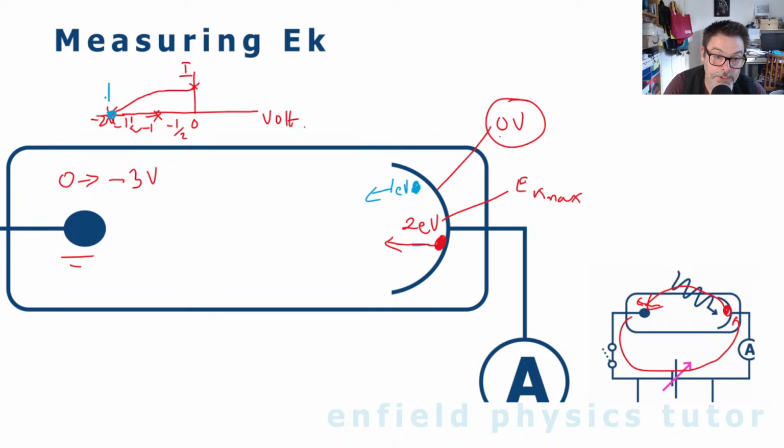In other words, you have measured the kinetic energy that the fastest electron that leaves the surface of our metal has. So that is our value for EK max. Now that's going to be really important to us as we get into formulas in a few minutes.